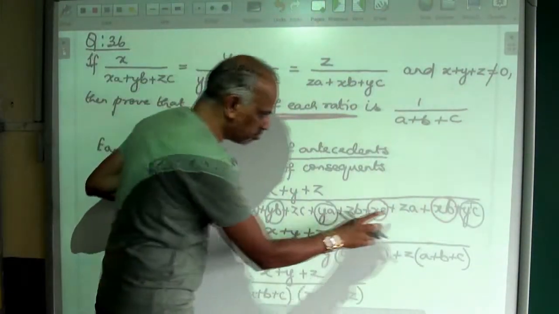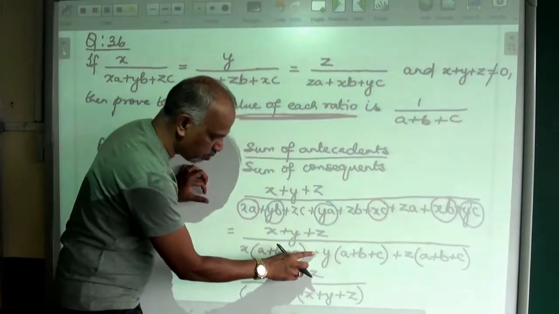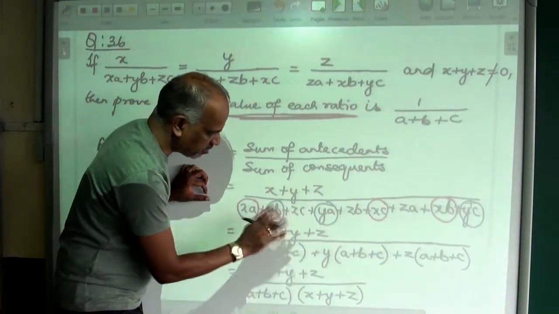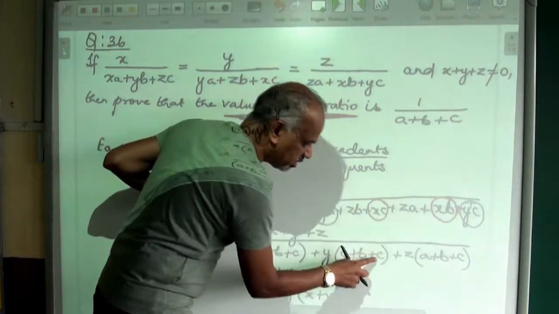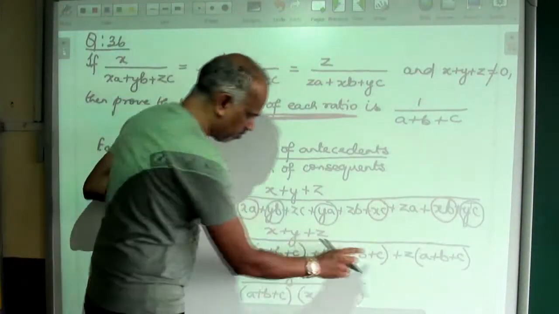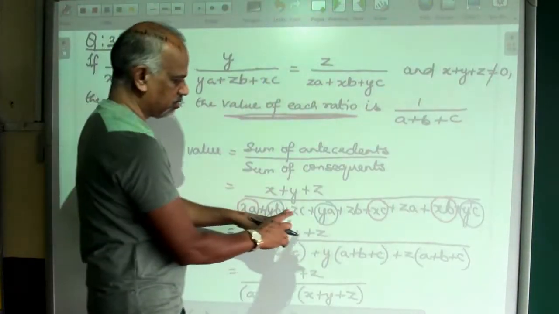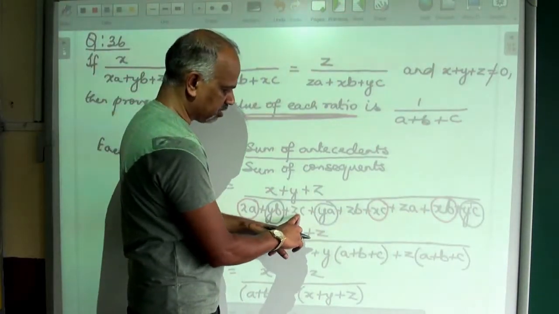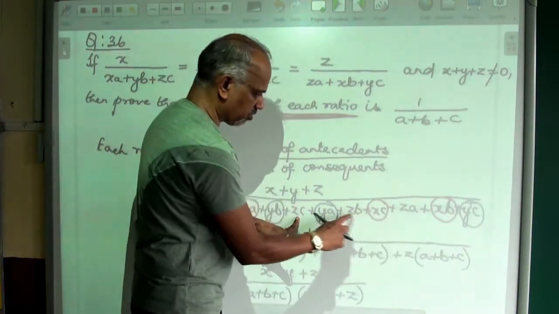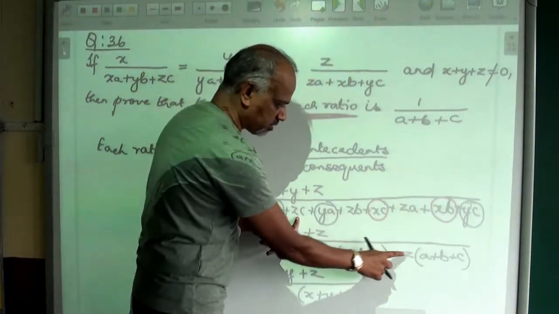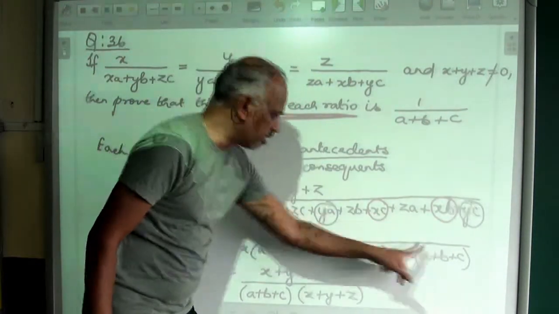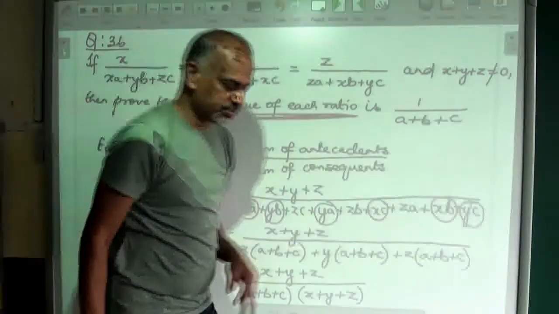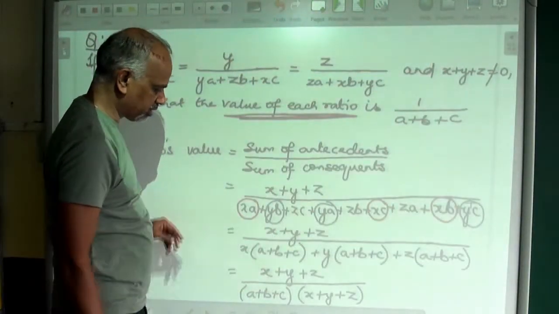In these y terms, y becomes common. So plus y becomes common. Now see what is left? A plus b plus c. Then plus, now what is left is z terms. This is z, this is z, this is z. Out of these three, z is common, so plus z is common. So see what is left? A plus b plus c. Okay. So this is what we got.